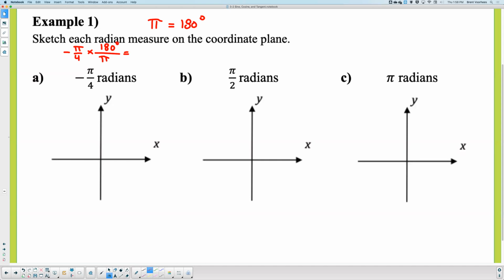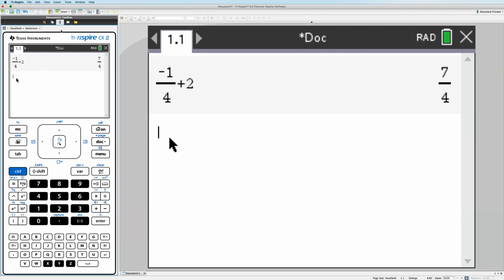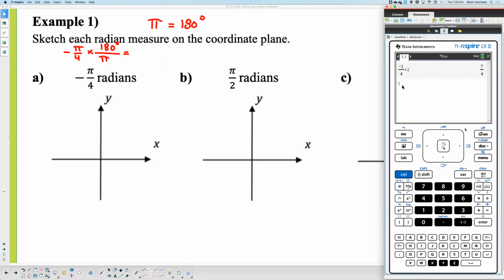Now I could go to my calculator and multiply this out, and we're going to find out how many degrees this is so we can draw it properly. So I'm going to take negative pi over 4. Actually, my pi's cancel. I'm not even going to type pi in.